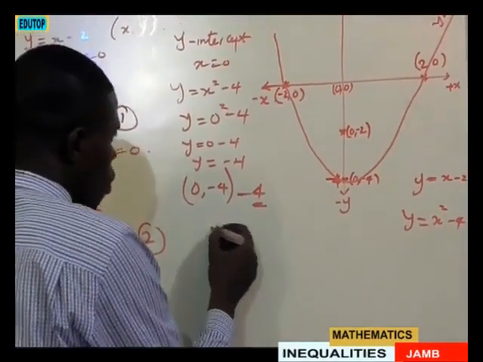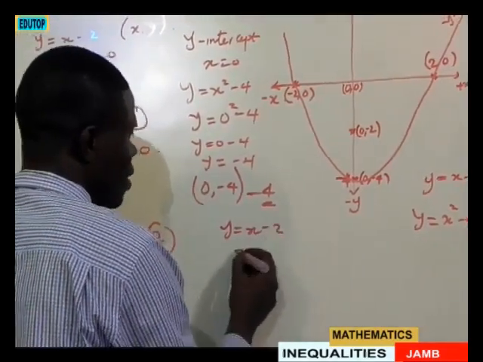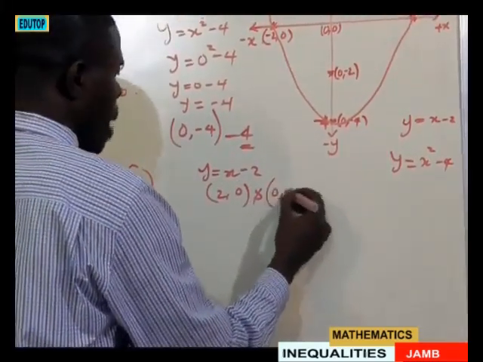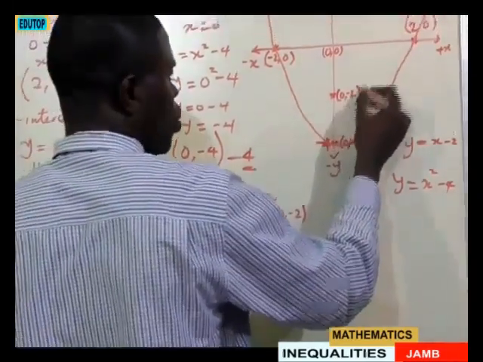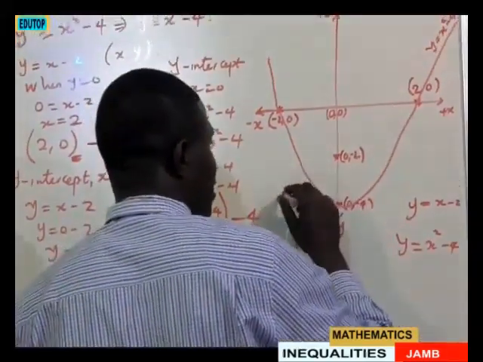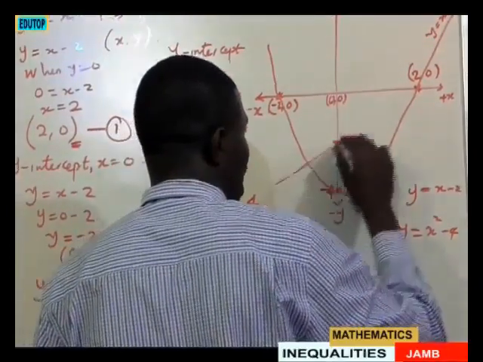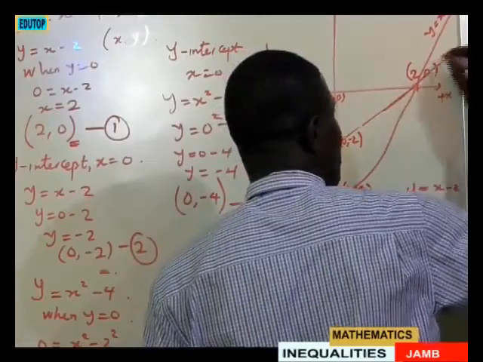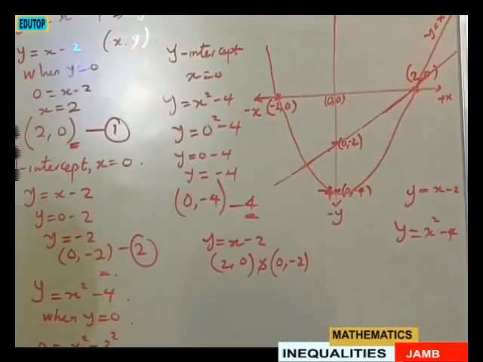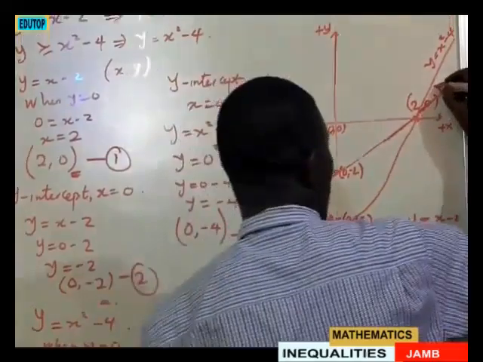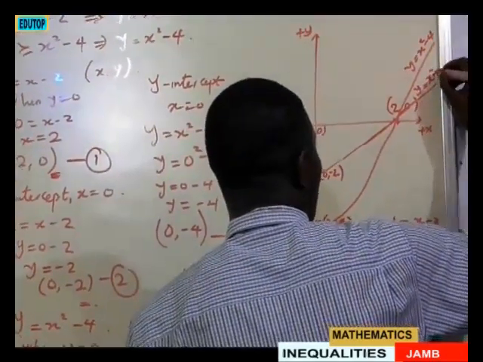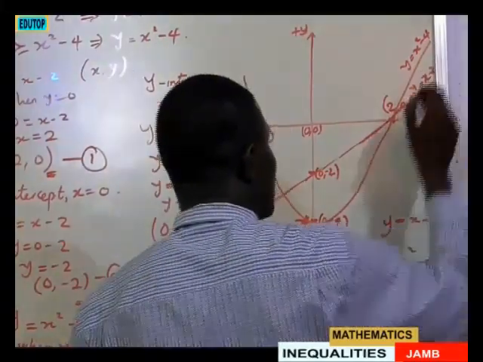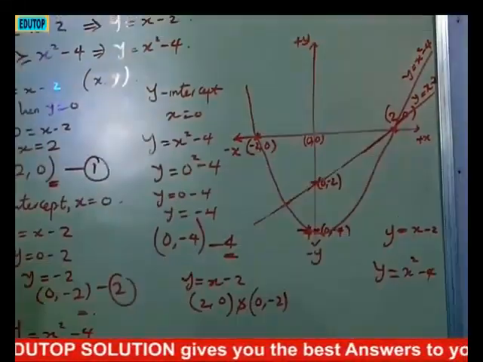So take note of that. y equals x minus 2 has 2, 0 and 0, minus 2. So these are the 2 points. That means there is a straight line somewhere here that will cut this and also cuts this way. So that one is the line of y equals x minus 2.